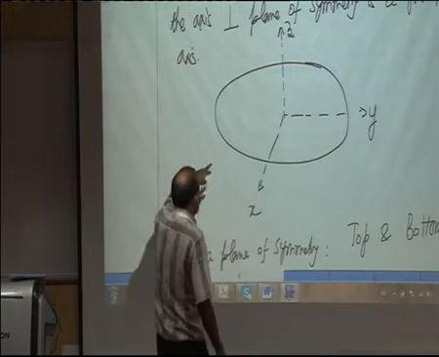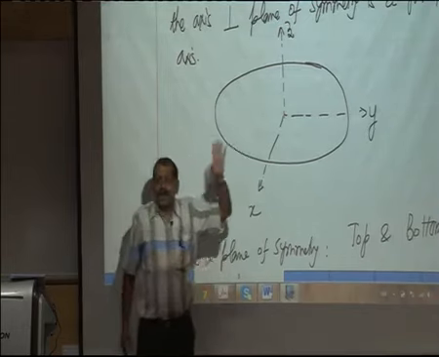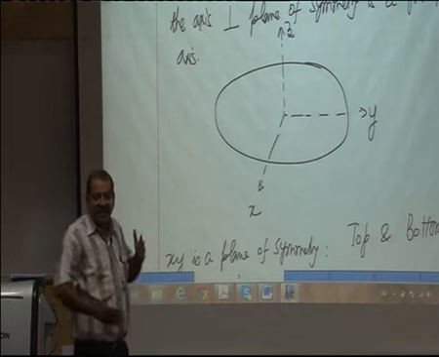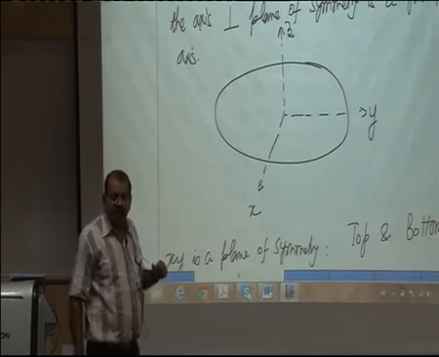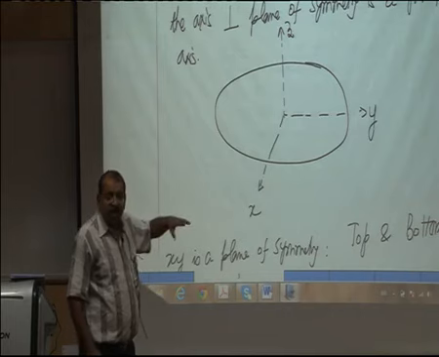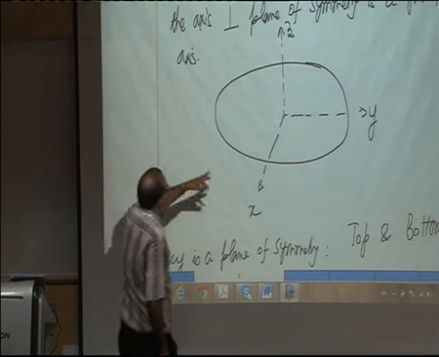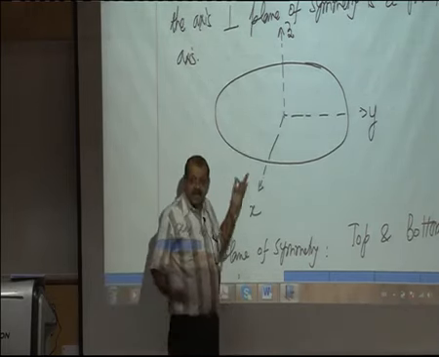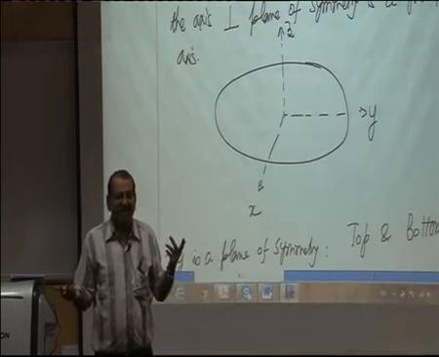But also you note, had I put this axis somewhere else, even if it was displaced from the center, still xy and yz would be planes of symmetry. And if that is so, then the x, y, z axes would be principal, even though xz is not a plane of symmetry if the axes are shifted.